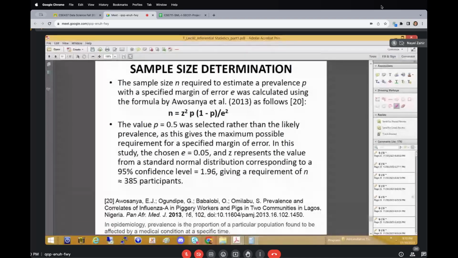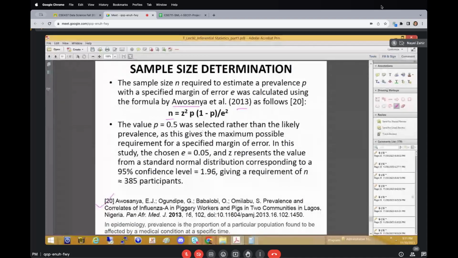There is a method for this, a standard formula for sample size: n equals G squared times p(1 minus p) divided by e squared. This is proposed by Wasana, and the paper is given here.